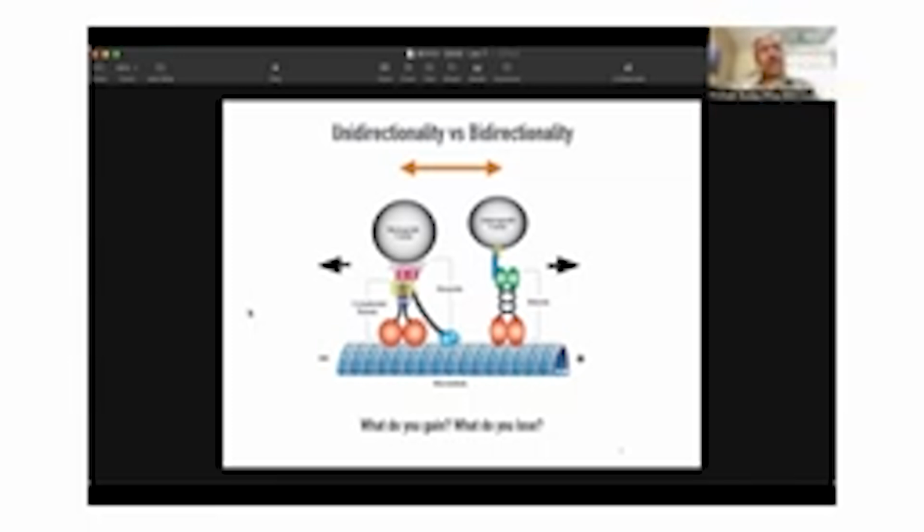If the proteins are bidirectional, there must be some sort of process which indicates in which direction the cargo should go, so in which direction the protein should go. But I don't know, that might be a complex process. Okay. So there might be more complexity in regulating a bidirectional motor protein as compared to a unidirectional motor protein. That's the point you're trying to make.